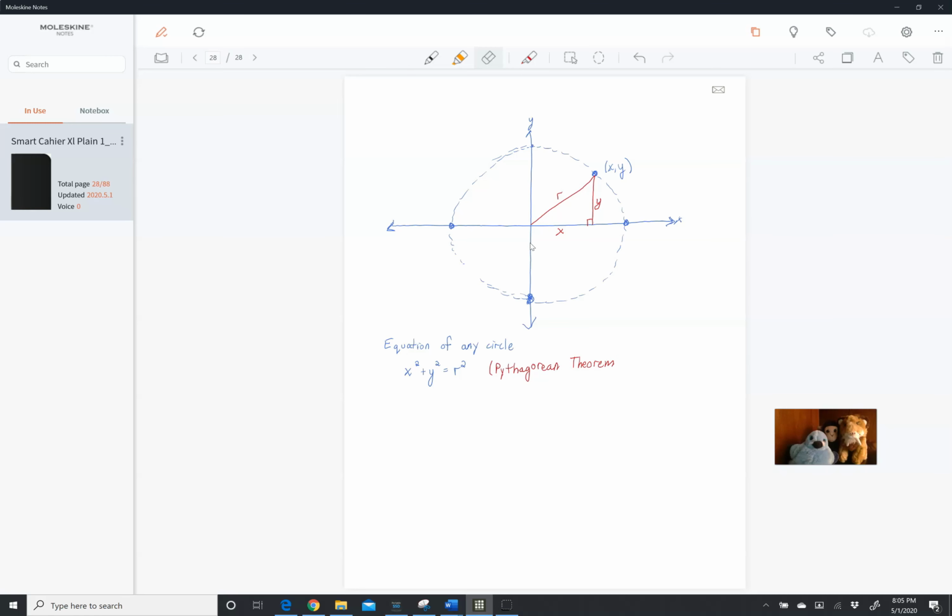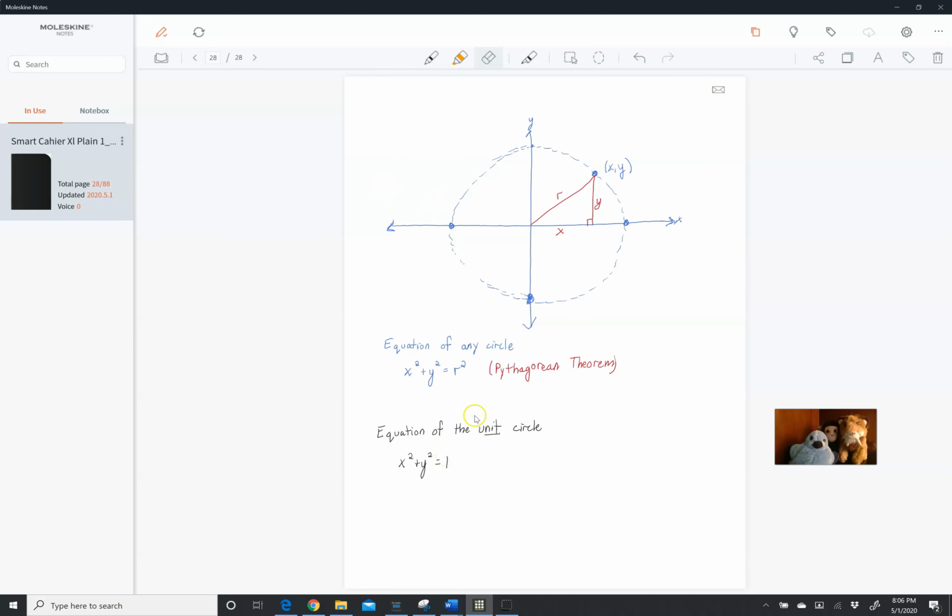Okay. But if we want the equation of the unit circle, then in that case, we have x squared plus y squared is equal to 1.